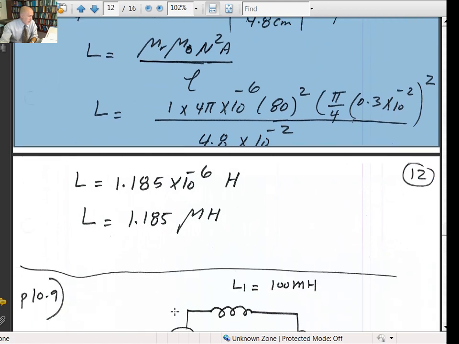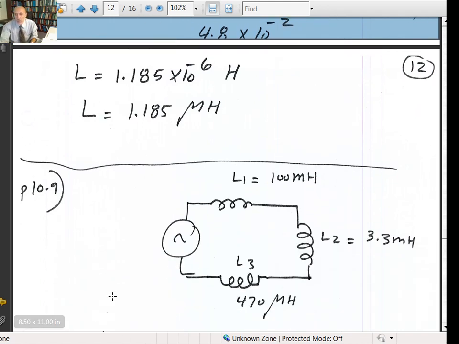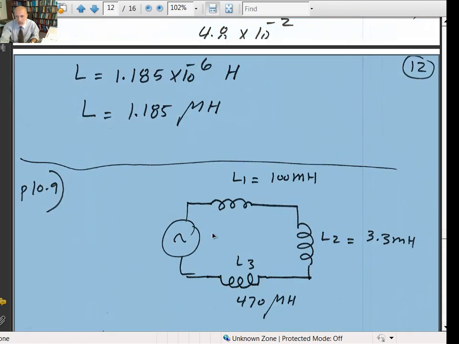And number 9, it says the coil in figure 10-44A on the same page 320 has the value of K equal to 0. Calculate the total inductance in the circuit. Now, when inductances are connected in series, they act exactly like resistors connected in series.